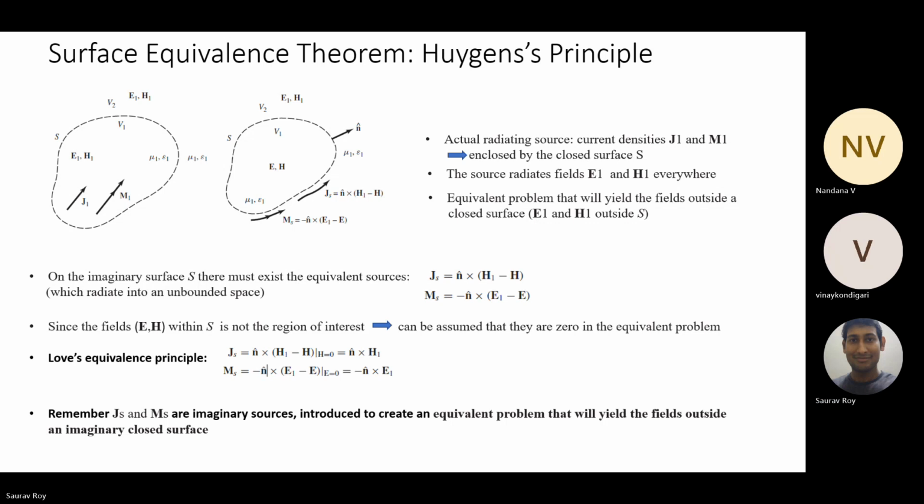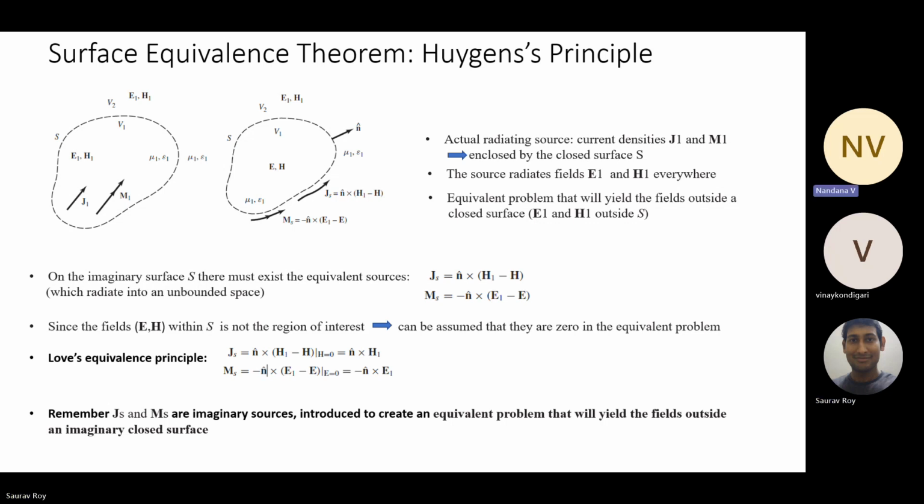Understood? Because n is the outer normal from the surface, if you take the cross product n cross (H1 minus H), it will give you the tangential component on the surface, the tangential component of the magnetic field H1 minus H. Is it understood?